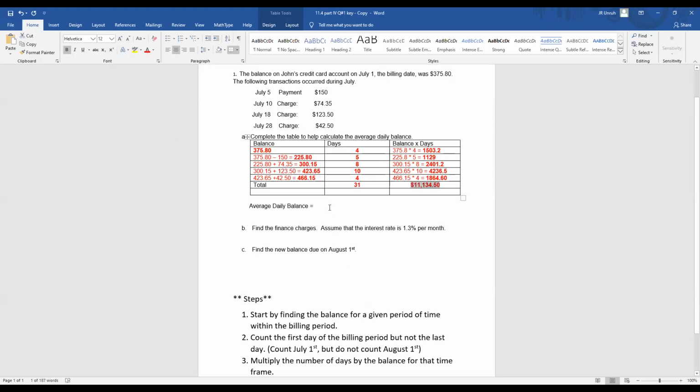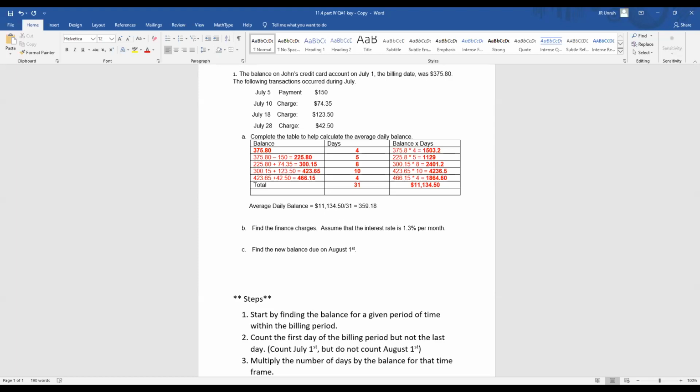When I come down here, to find my average daily balance, I'm going to take the $11,134.50 and divide that by 31, which is equal to $359.18.